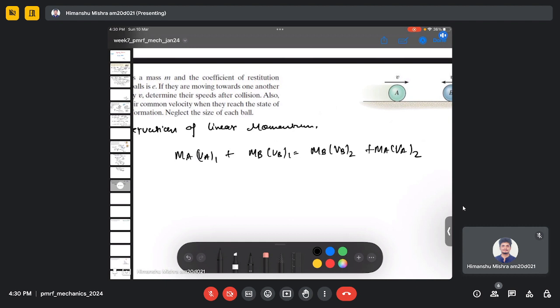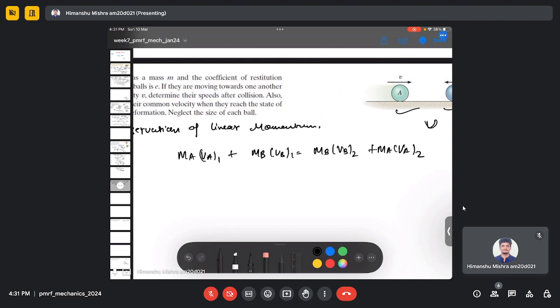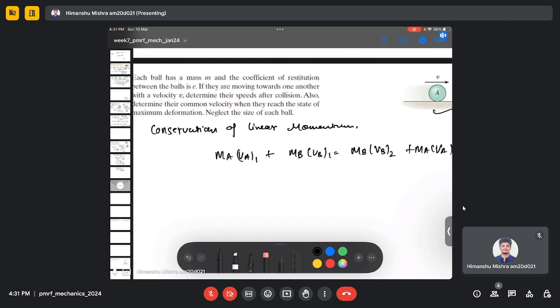And one can see from the figure that both velocities of A and B are v, but they are in opposite direction. And both have the same mass also.